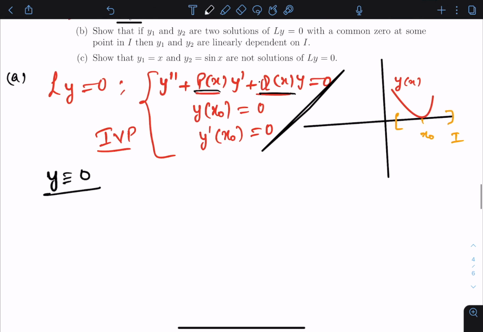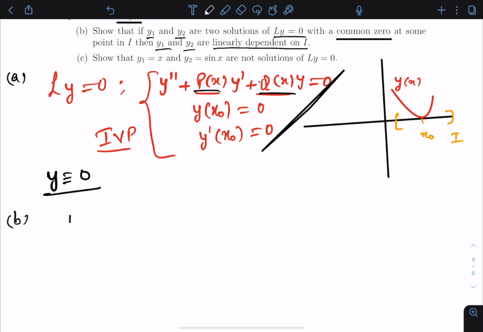B is saying if there are two solutions y1 and y2 of the linear homogeneous problem such that they have a common 0 at some point, then y1 and y2 are linearly dependent. What does this mean?